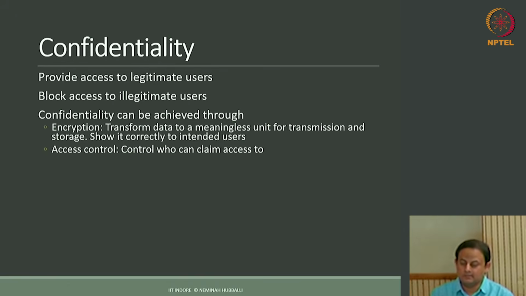So let's say in an organization there are a lot of people. The CEO in an organization might have access to maybe every piece of information within the organization. A normal user, maybe a programmer, may have access to only the data related to the project on which he or she is working, and some other employees might have access to some other data.